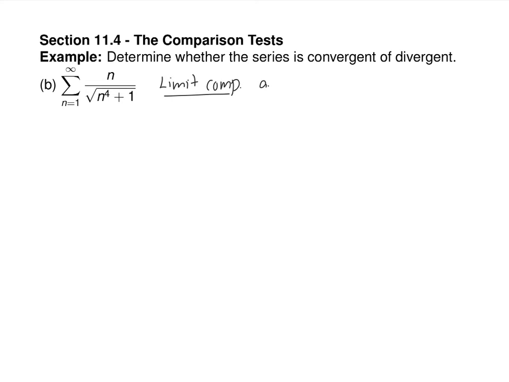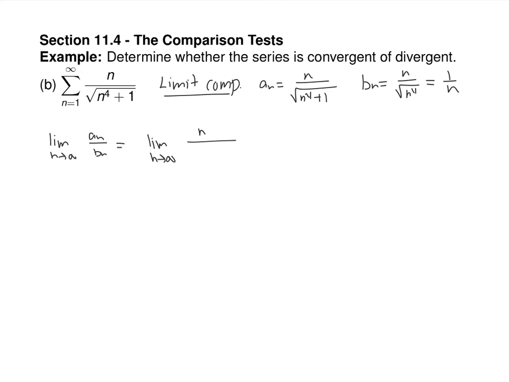We're going to let the a sub n's be the terms in our series. We're going to let the b sub n's be n over the square root of n to the 4th, which will be 1 over n once we've simplified. So we're going to find the limit as n goes to infinity of a n over b n.